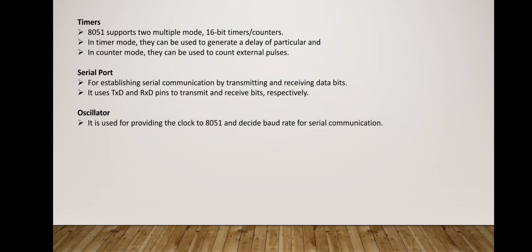TXD is used to transmit bits to external devices and RXD is used to receive data bits from external devices to the 8051 microcontroller. And an oscillator is used for providing the clock to the 8051, and it decides the baud rate for serial communication too. It produces a clock frequency of 12 megahertz.